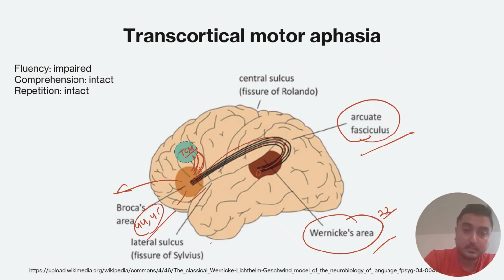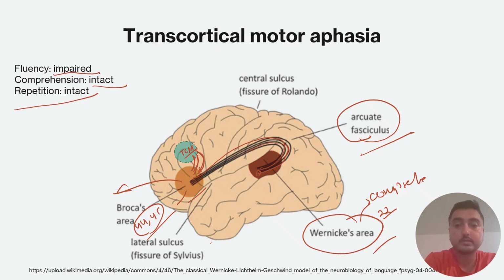Because the supply to Broca's area would be impaired, fluency is impaired in some sort. It might not be as severe as in Broca's aphasia, but still the fluency is impaired because Broca's region is receiving one of its supplies from this green area. The comprehension would be intact because Wernicke's area is involved in comprehension, and the repetition is intact because this axis, the Wernicke's-arcuate-Broca's axis, is intact.